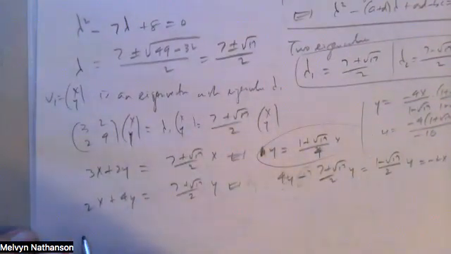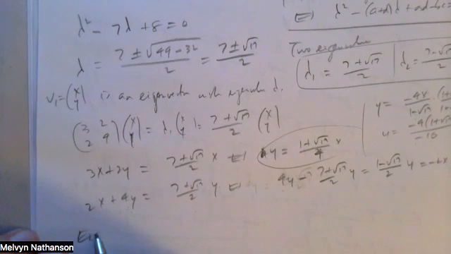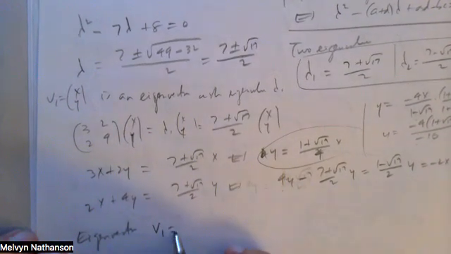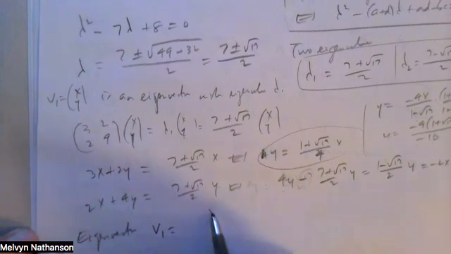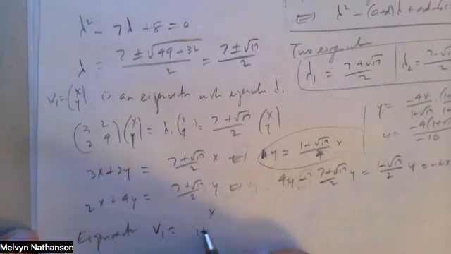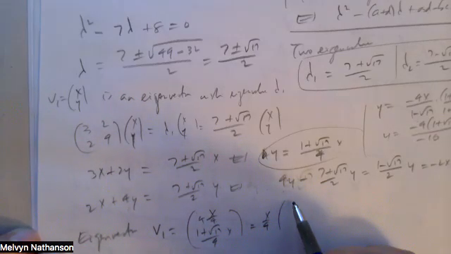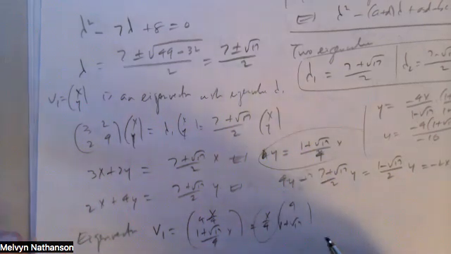So for an eigenvector, I can let V1 be, for any value of x, y is 1 plus root 17 over 4 times x. If I write this as x over 4 times 4, 1 plus root 17, x over 4 is any scalar.